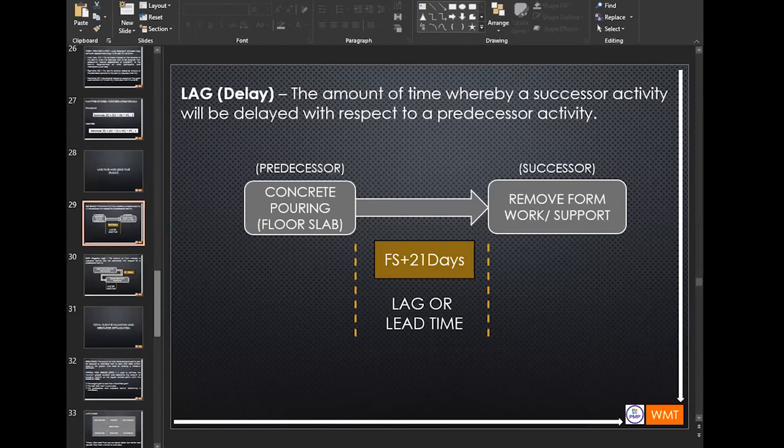Pero kung gusto ma-reduce tong 21 days, may additive kami sa concrete. So, instead of we wait for 21 days, we make it 18 days. May chemical kami na i-add sa concrete. Add mix. Pwede na rin yan para buffer sa schedule mo. Pero it's additional cost because may ni-add ka na chemical sa concrete.